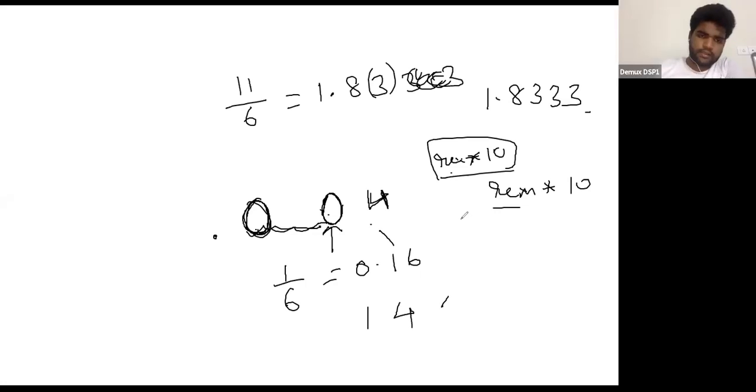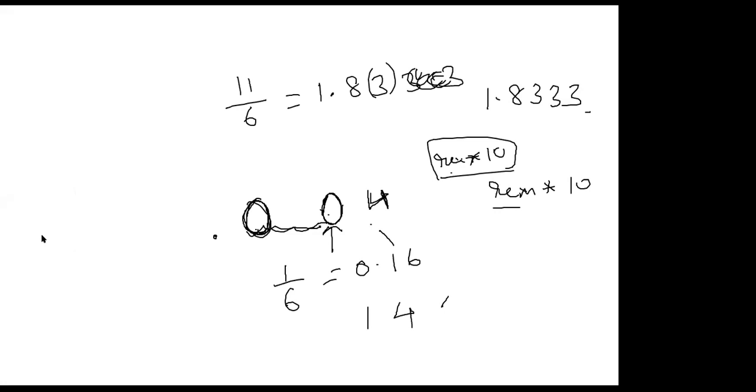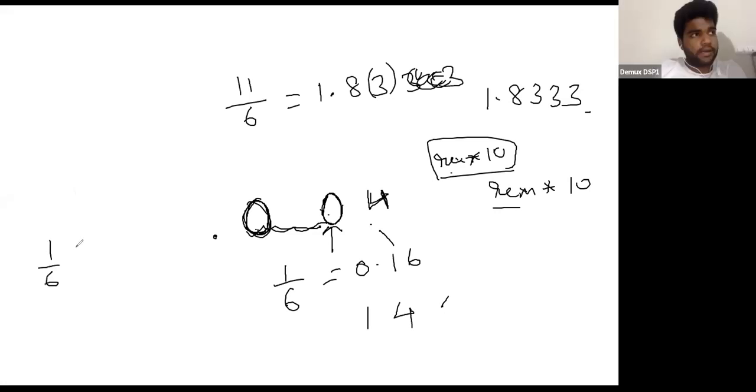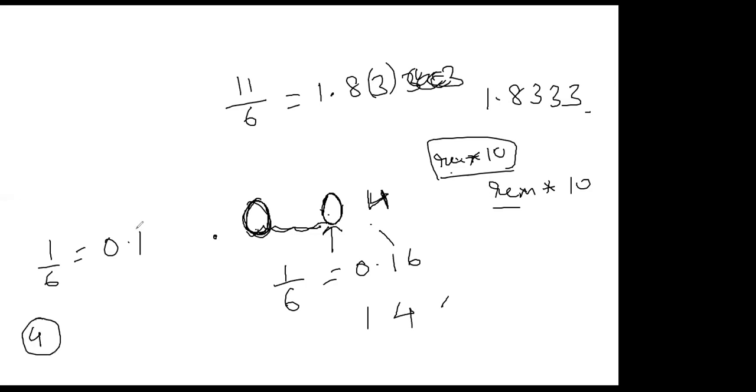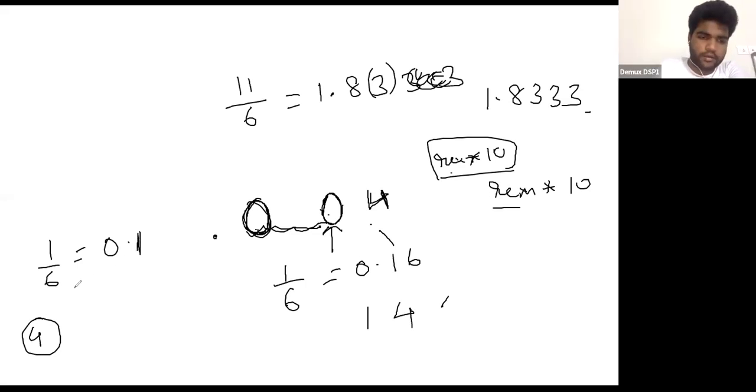So for this test case, see, you have 1/6, and when you divided 10/6, you got a remainder of 4. So you put 1, which is fine, right? Yeah. Because you have not encountered a remainder of 4.